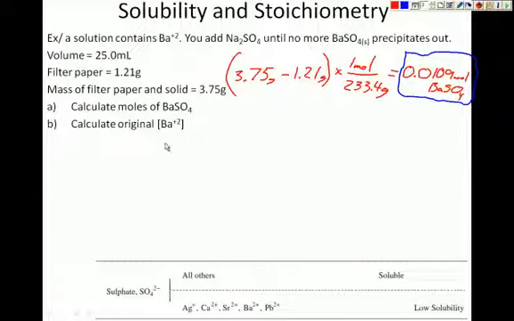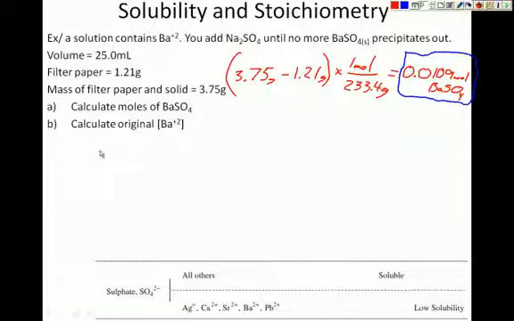Now the second question, part B, asks calculate the original concentration of the barium ions. So how we're going to do that is, well, we know the volume here and we know the moles, and concentration is just reported as moles per liter.